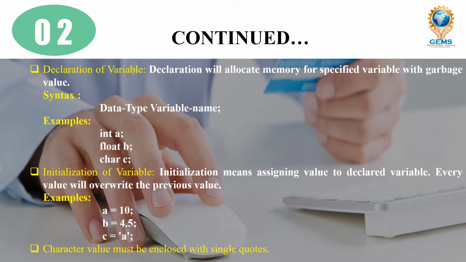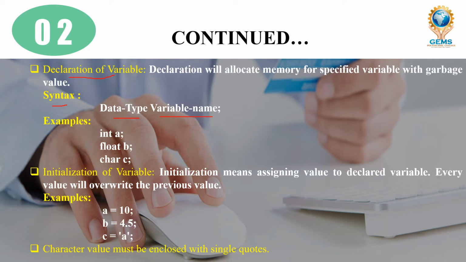Now, declaration of variable. Declaration will allocate memory for a specific variable with a garbage value. That means declaration allocates memory in the computer for the specified variable with a garbage value. The syntax for the declaration is data type, variable name.